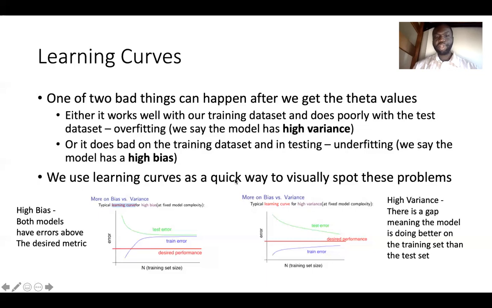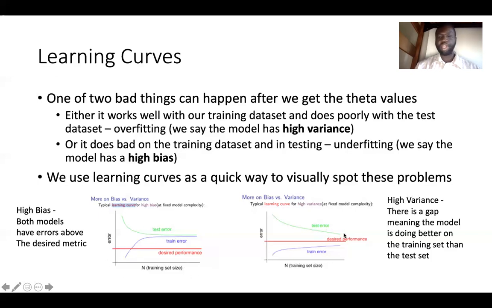Now, we usually use learning curves as a way to visually spot these problems. Whenever you plot the training set size against the error, or the cost function, you get something like this. Again, we want it to be low. We want both of these graphs to be low down here. And if both of them are scoring very poorly, since both methods have errors above the desired performance, once you see this graph, you should be able to tell that it has high bias.